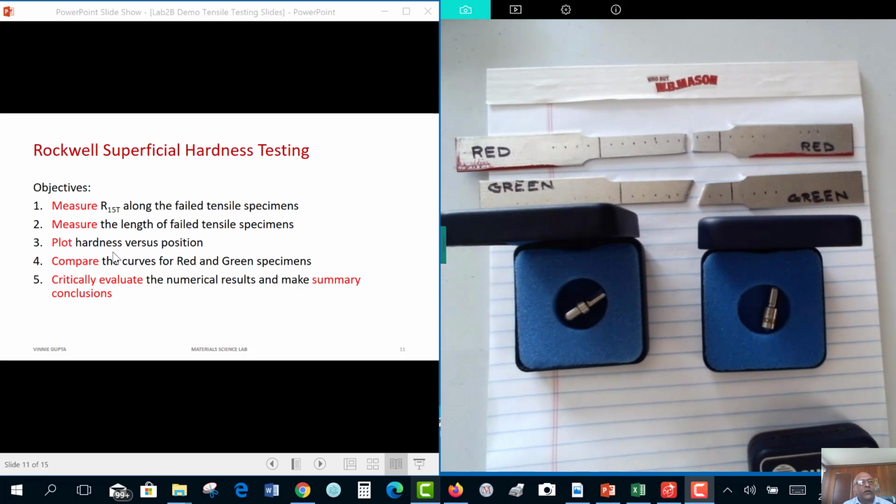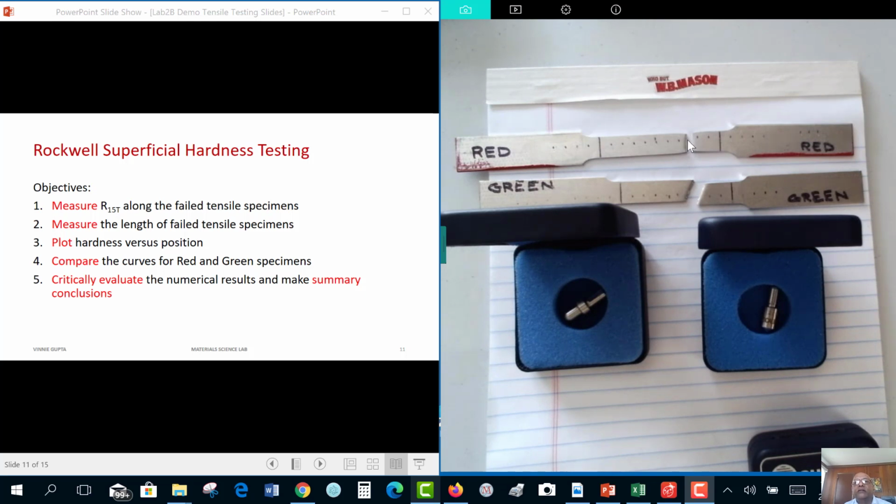Okay, so next thing what we are going to do is we are going to measure this 15T Rockwell hardness along the failed tensile specimen. So you can see these pen marks. My resolution is not high enough that you can see the dots. And then what we are going to do is we are going to measure the length of each of these two halves and subtract those positions so that we are measuring distance from the failed edge.